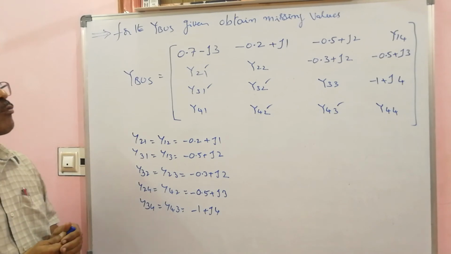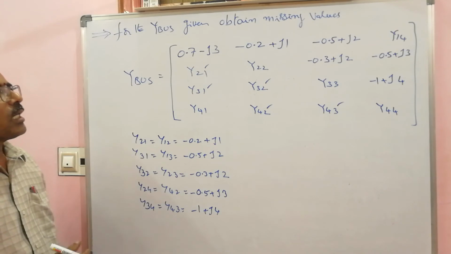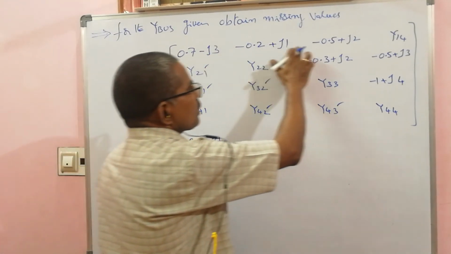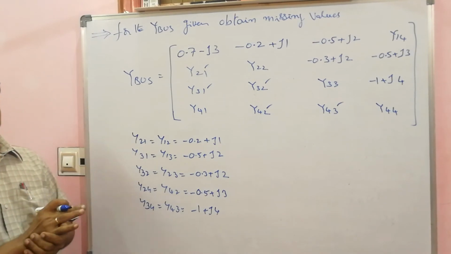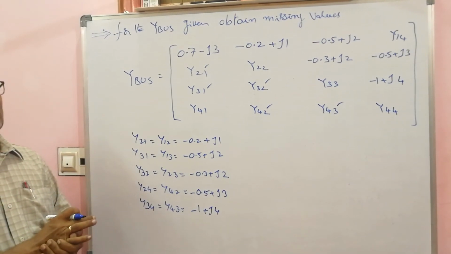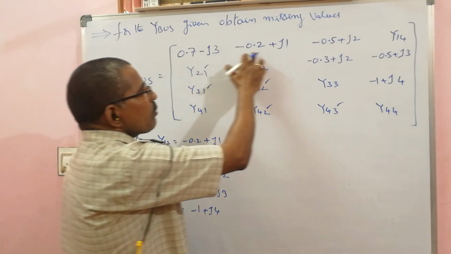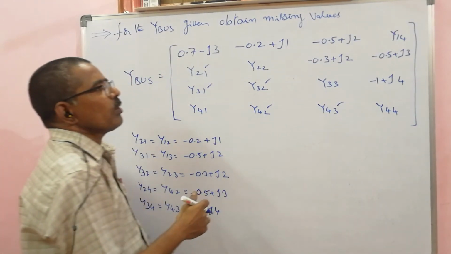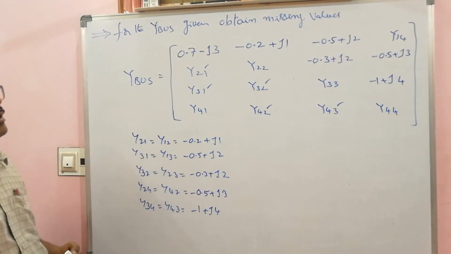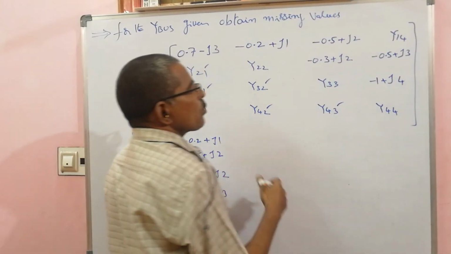How do you get Y14? It is always in a Y bus, the row wise sum is to be always 0. Okay, so when that is to be 0, you add up all this, this plus this plus this plus this equal to 0. What is Y14?